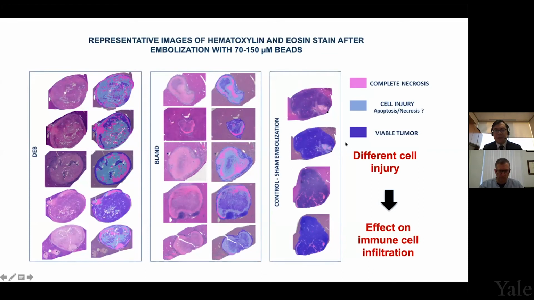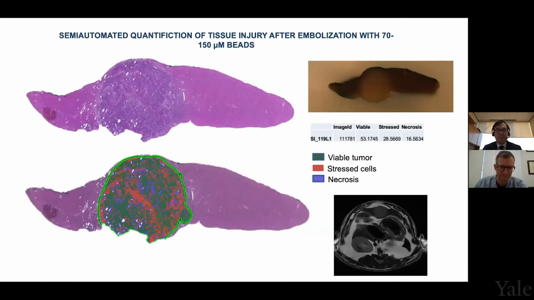And this is something to also illustrate how we try to separate. So our pathologist looks at these different tumors and categorizes the cells in the tumors as dead, completely necrotic, something in between where the cell structure is changed but not completely disrupted, and completely normal tumor cells. And this is a close-up of one of our tumors.